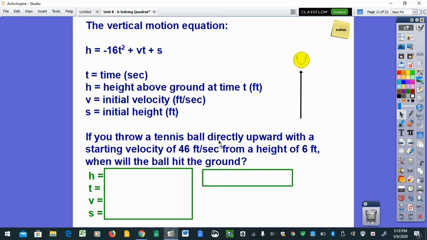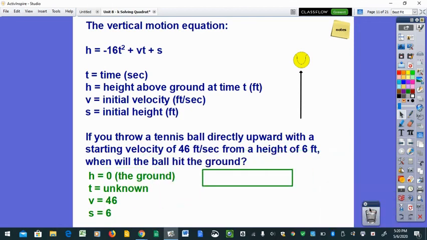And then we want to know, when will the ball hit the ground? What is the height of the ground? It is 0. We want to know when the H is 0. When did it land on the ground? So these are the values that we're going to put in for our variables. H, the end height or the height at a given time, in this case the ground, is 0.